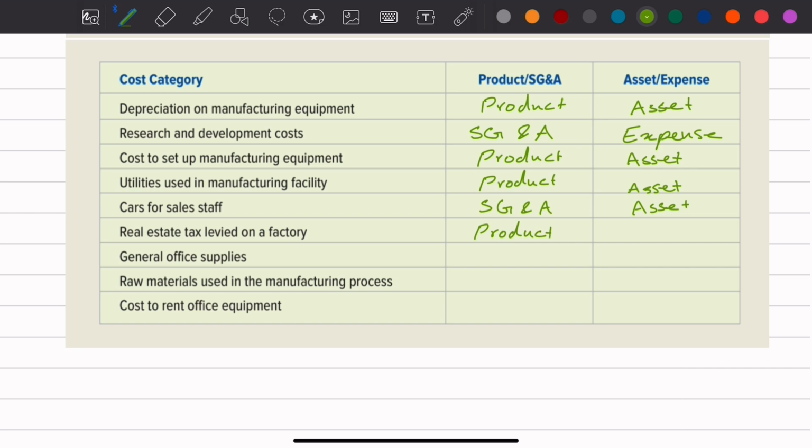Okay, but it is going to be classified as an asset. All right. Next one, general office supplies. Because these supplies are not in the plant or not for the manufacturing process, this is for the offices, so it can be classified as SG&A. It will be also classified as an asset.